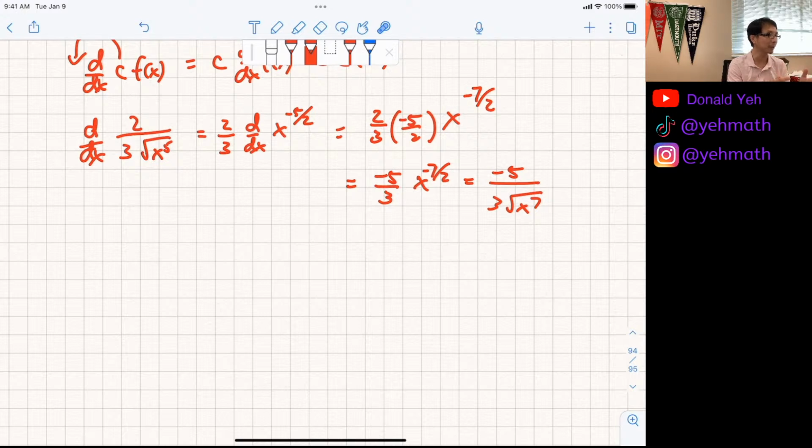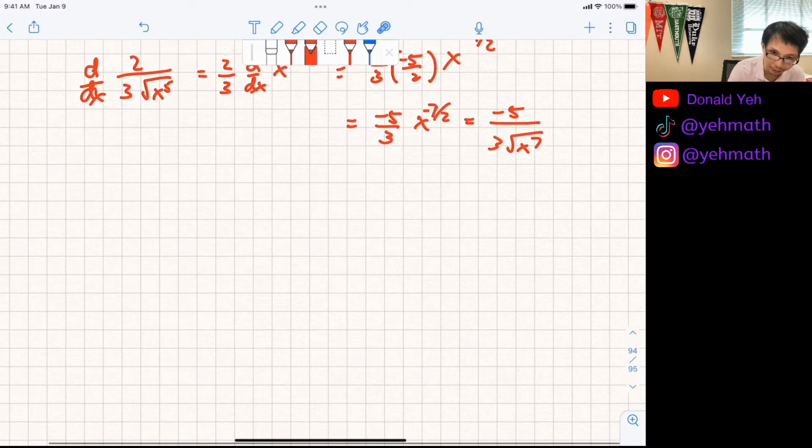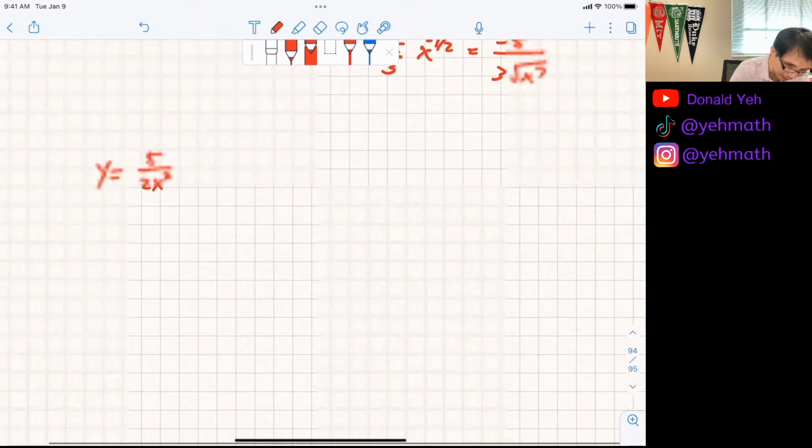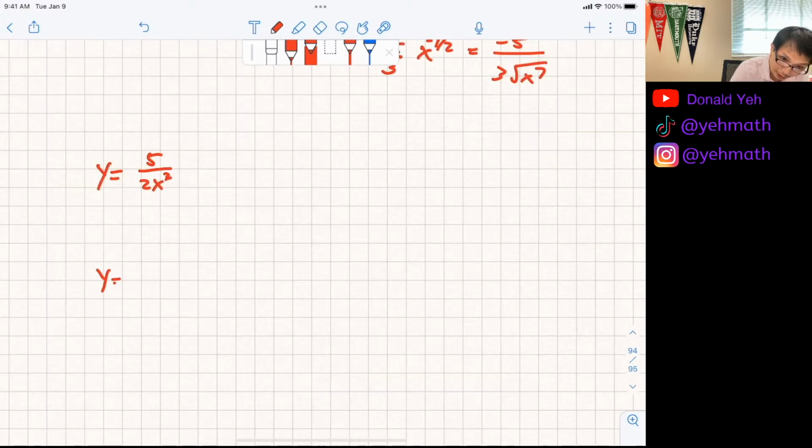That's the most important key. Parentheses is gonna tell you where the order of operations is. I want you to take a derivative: y is equal to 5 over 2x to the cube. I want you to take a derivative of 5 over 2x to the cube. There's a small difference there.